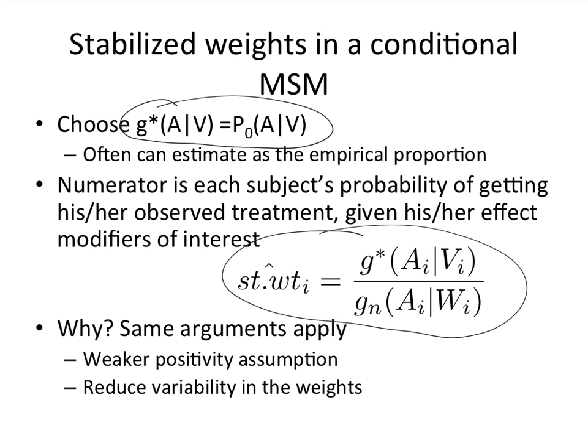And again, this right here is an estimate of the probability of A given V. So it means you need two regressions now. You need one regression where we're regressing A versus W, and then your regression of A versus V in order to make this weight. So you need two. And V, again, is just some subset of those W's, maybe one variable, maybe two.